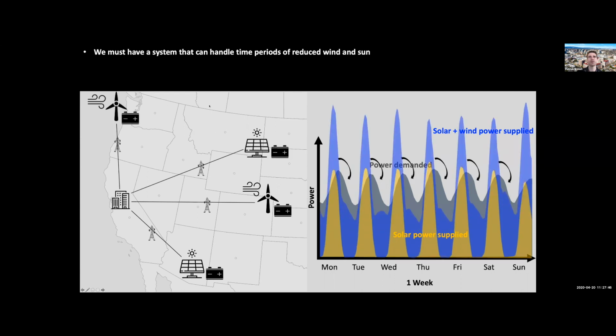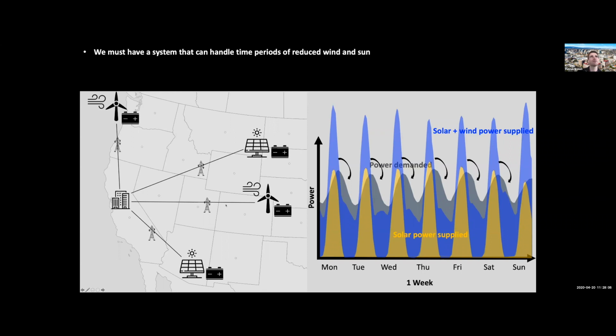So we have our wind, we have our sun down here, but we're also going to need a geographically distributed system where we have a solar farm over here, and we also have a wind farm over here, and they all have storage.